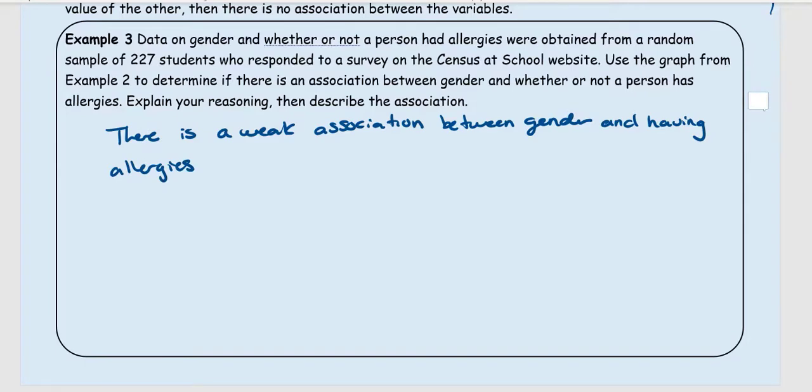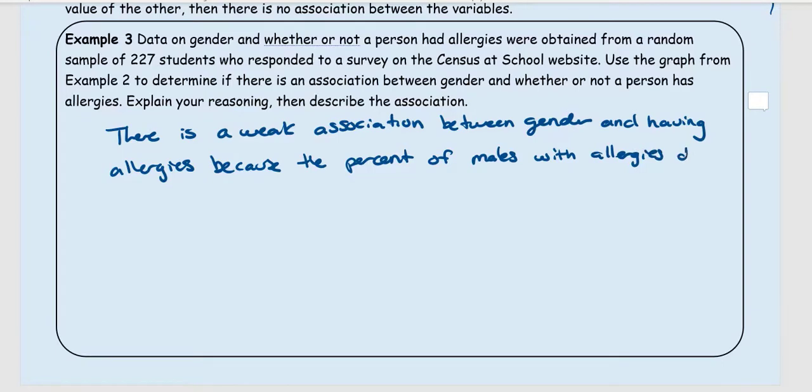And this is because the percent of males with allergies differs little from the percent of females with allergies.